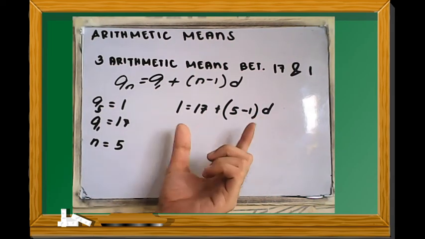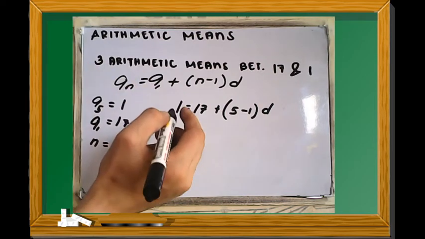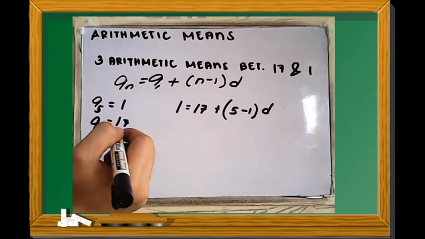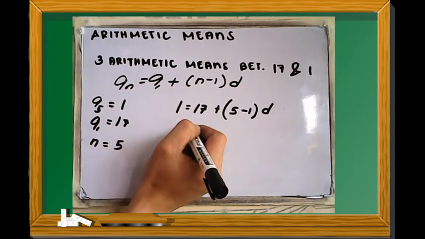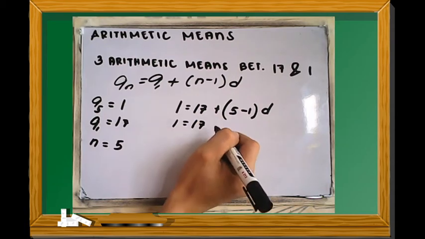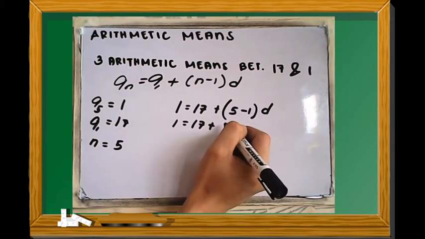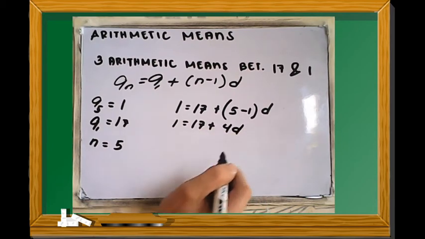All we have to do is find the common difference by using the addition property of equality or the multiplication property of equality. But to make it easier to understand, we will use the traditional method, transposition and dividing both sides by the coefficient of the variable. Let's perform the operation: 5 minus 1 is 4, so that will become 4d.